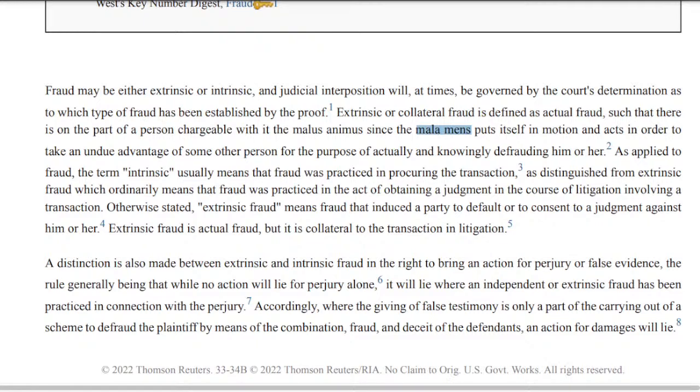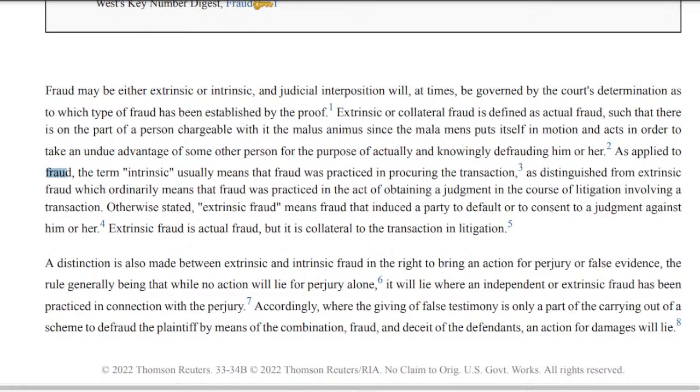So we have our mala mens puts itself into motion and acts in order to take undue advantage of some person. So some bad intent here, right? For the purpose of actually and knowingly defrauding him or her.